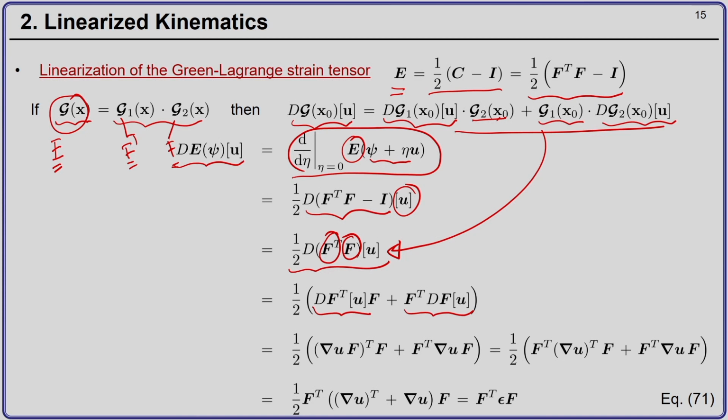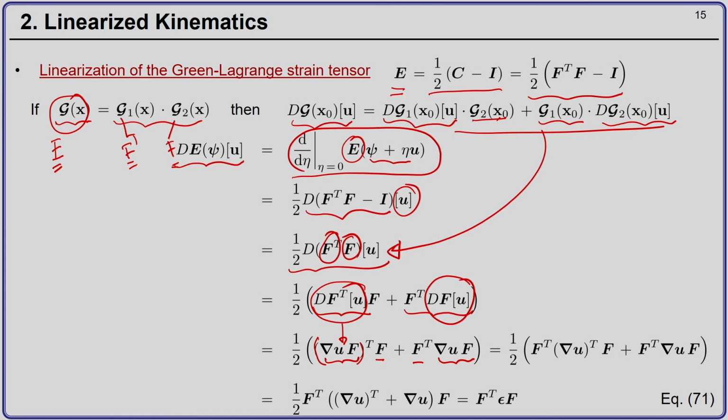The directional derivative of F in the direction u, which we derived in the previous slide, is nothing but the spatial gradient of u times F.